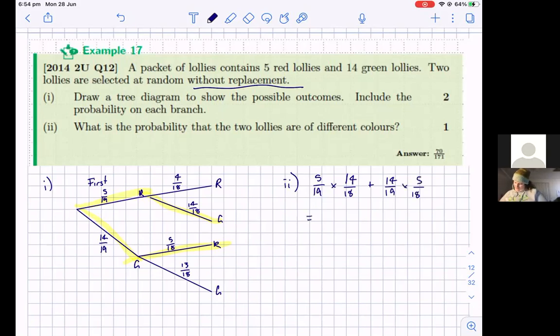That gives us 2 lots of, because they're the same, 70 on 342, which gives us 70/171.